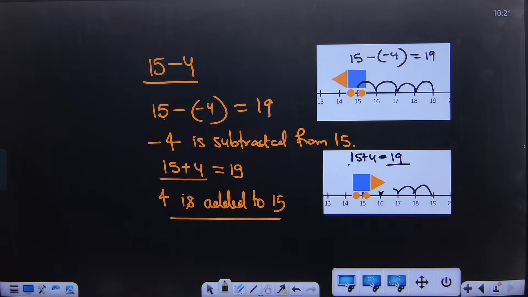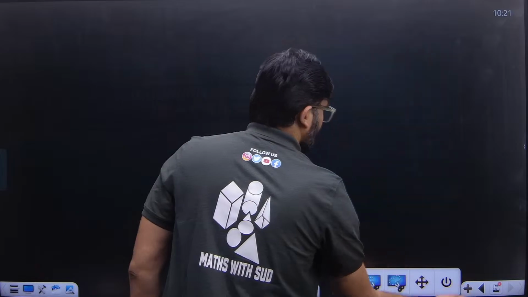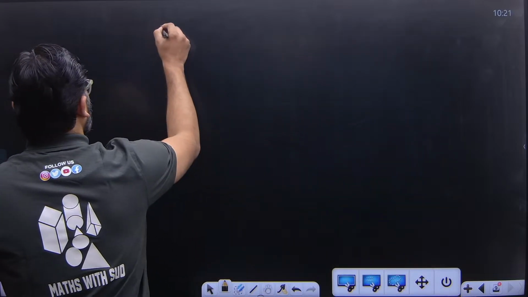So there are two identities in mathematics.